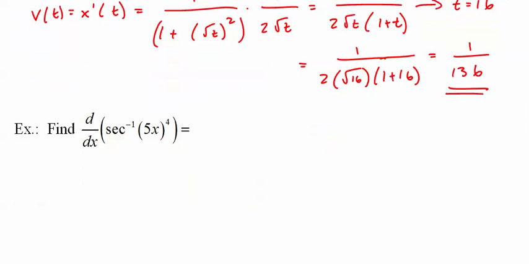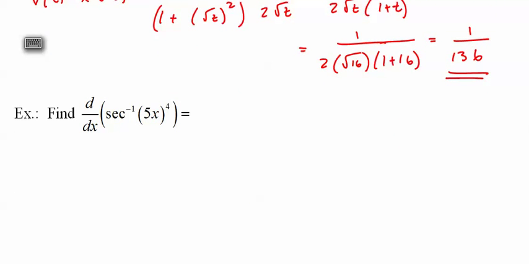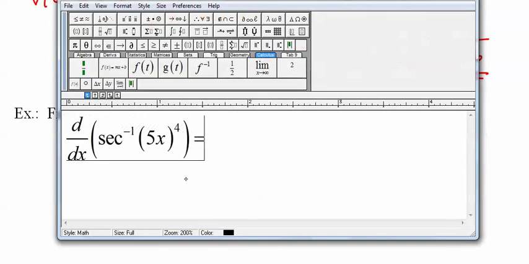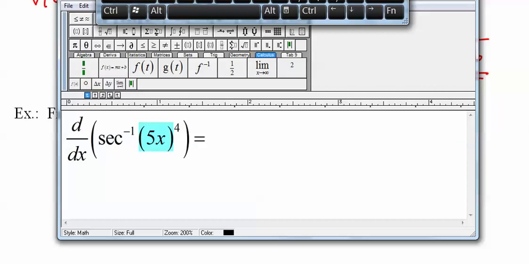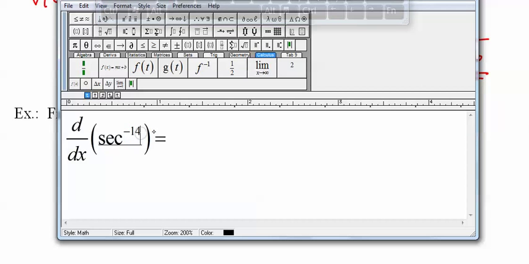Secant, which is written wrong, I'm going to fix it right now, should have parentheses, 5x to the fourth. I just made quite a mess of this.